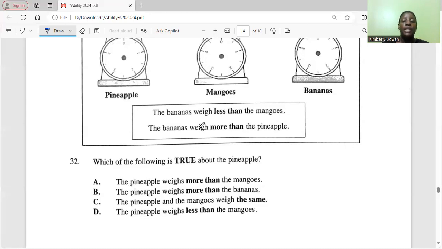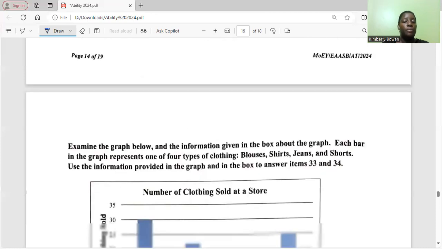It says that the bananas weigh more, not the same, than the pineapple. So now we're on to D. The pineapple weighs less than the mangoes. And this is true because the pineapple weighs less than the bananas and the bananas weigh less than the mangoes. So clearly the mango weighs more.